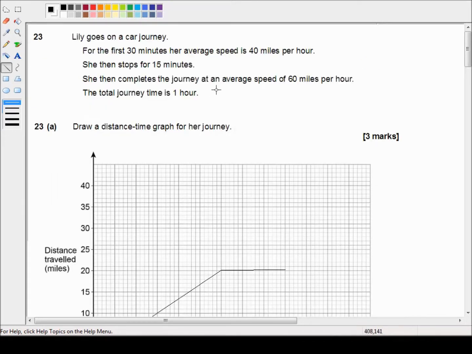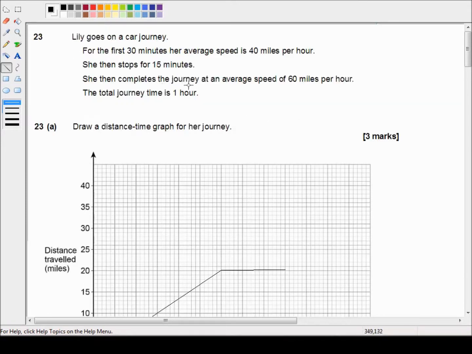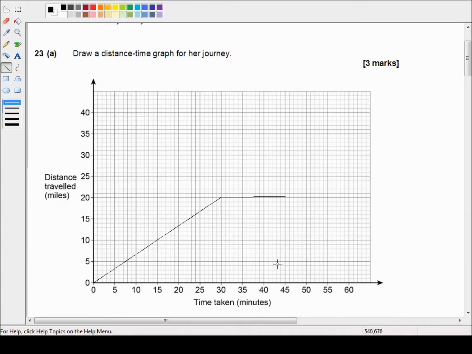Now she completes the journey at an average speed of 60 miles per hour, and the total journey time is 1 hour. So if her total journey time is 1 hour, she finishes her journey at the 60-minute mark. So our x-coordinate is going to be 60. So she's travelling for between 45 minutes and 60 minutes at 60 miles an hour.